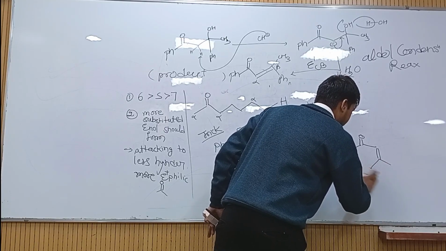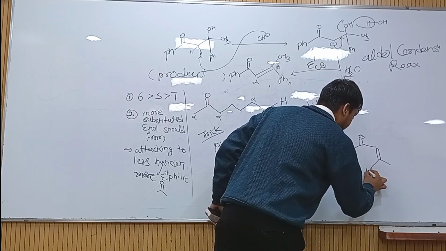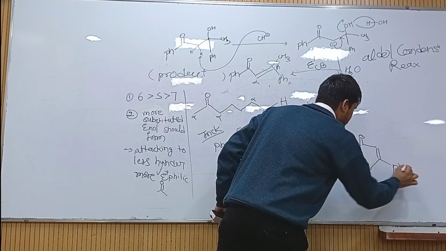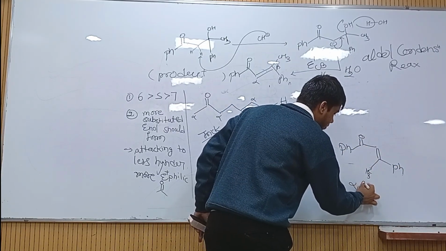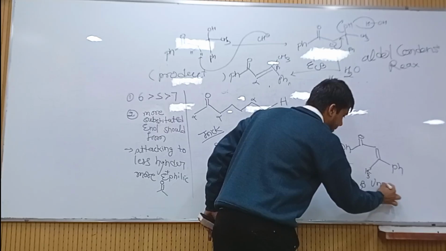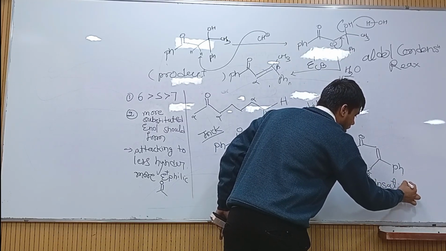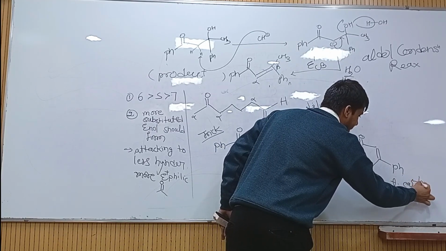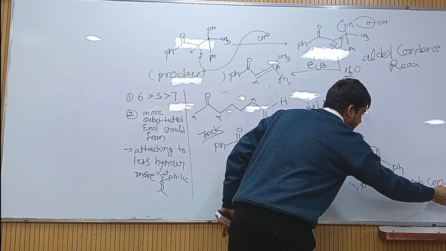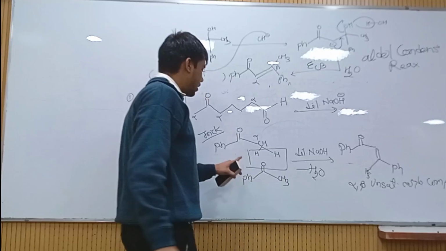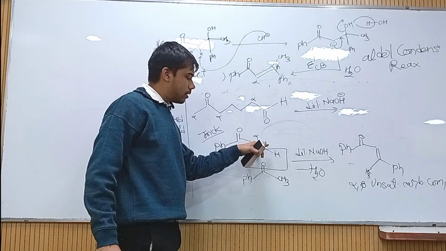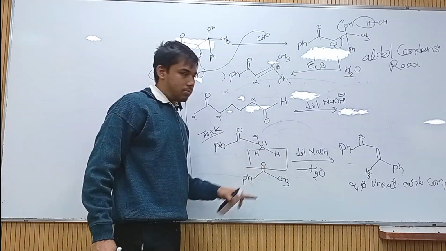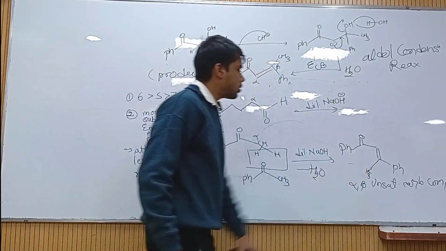It will form the same product, that is the alpha beta unsaturated carbonyl compound. So this is the trick. We can simply remove the 2 hydrogen from the alpha carbon of one carbonyl and the oxygen of another carbonyl, and we can simply form the aldol condensation product.